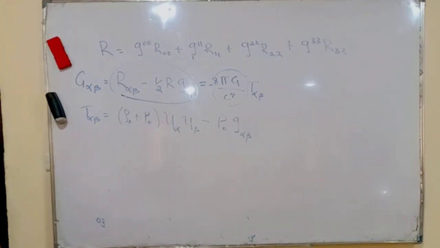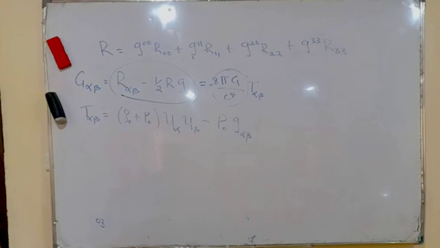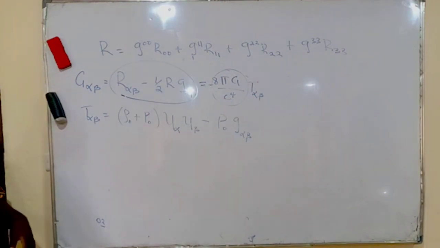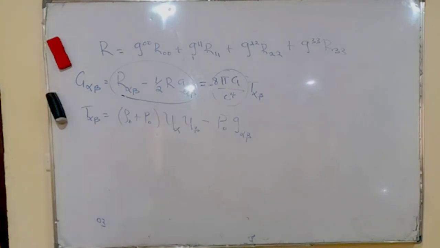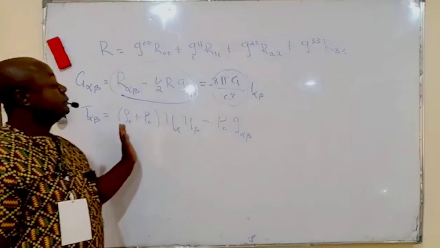So in essence, we have been able to arrive at the field equations. It's in solving the field equations that you now need to substitute your gammas and all those things and try to simplify them. Because at the end of the day, you discover that your equation has just one unknown.